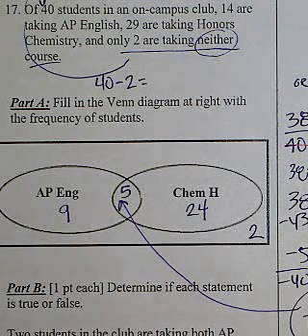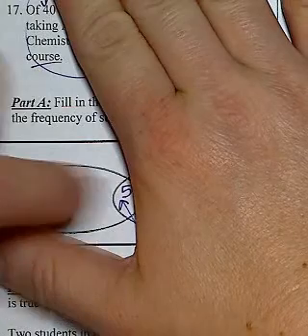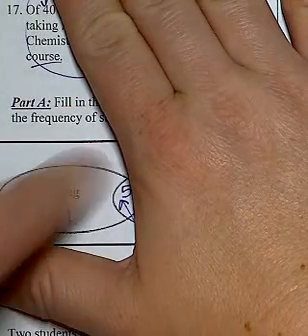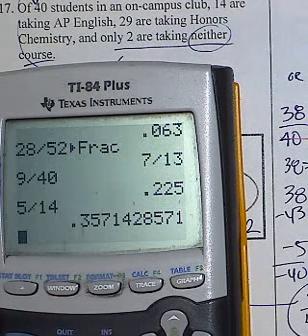So I'm given English. I'm only focusing, so the total is 14. Which number says I'm also in chemistry? 5 divided by 14 would be approximately 0.35. Or if they put it as a percentage, it could be like 35.7%.